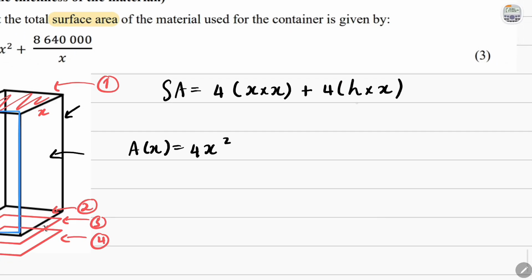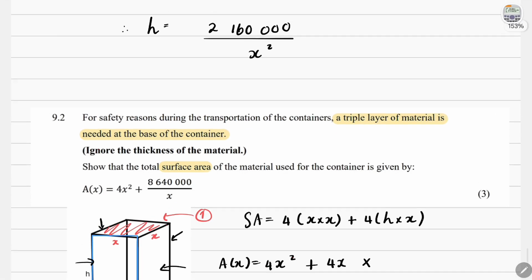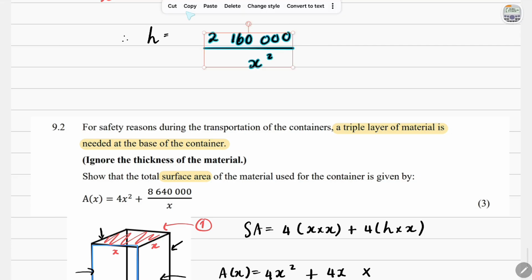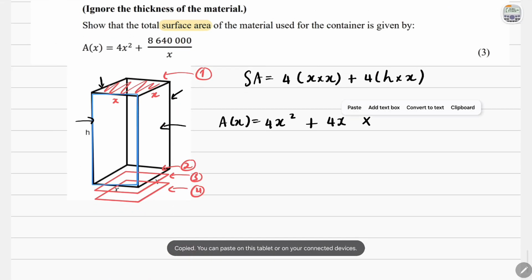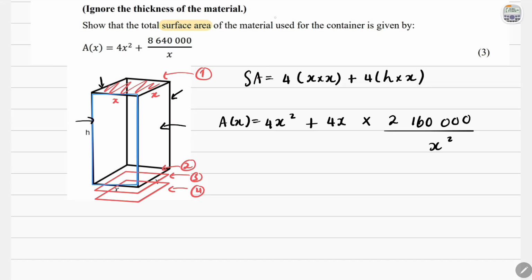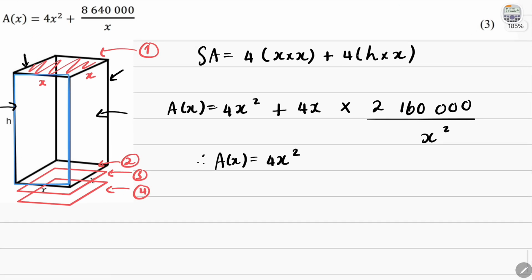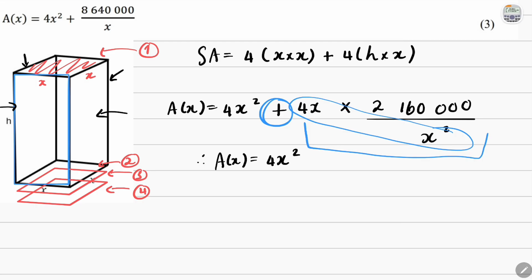So let's rewrite this as, because we know we're substituting in place of h, 4x multiplied by 2,160,000 over x squared, and we just have to simplify this. So therefore, A of x is equal to 4x squared. And when multiplying, you see, we're adding to this, so this is a term on its own. And so we're multiplying these two values together, meaning diagonally, do you see that we have a common factor of x?